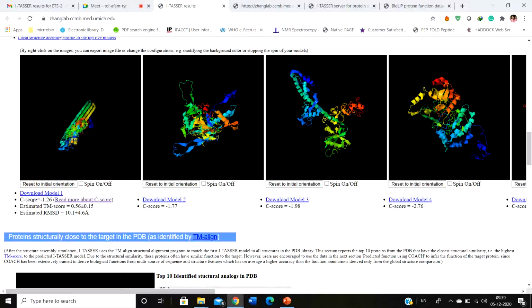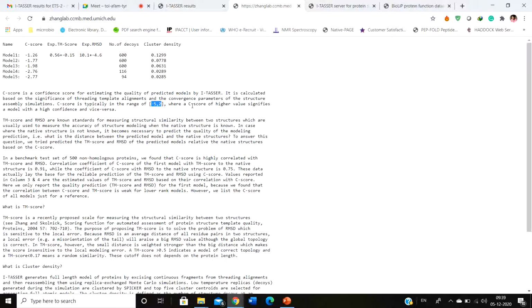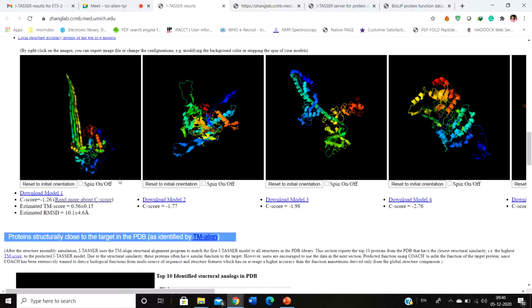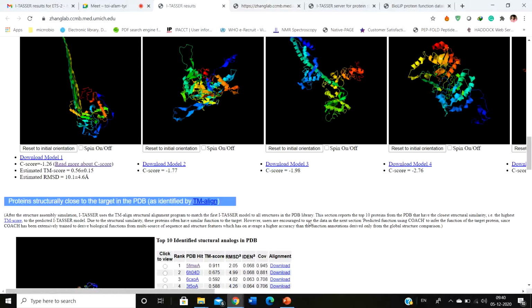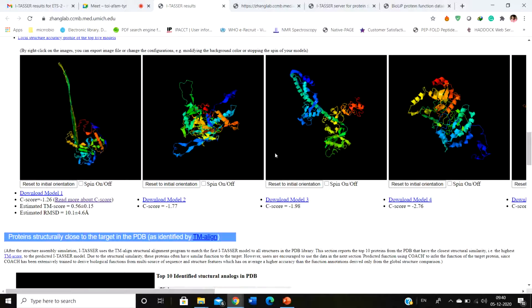But the C-score is not the rule of thumb. Even though it says it should be the highest one, it's not that I should take that one into account. It can give you a rough idea to start. If all the proteins had a similar structure, then I would have taken the protein with the highest C-score. But since that is not the case here, I'm not going to take the C-score into account.